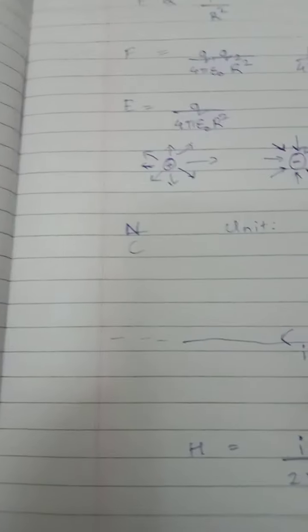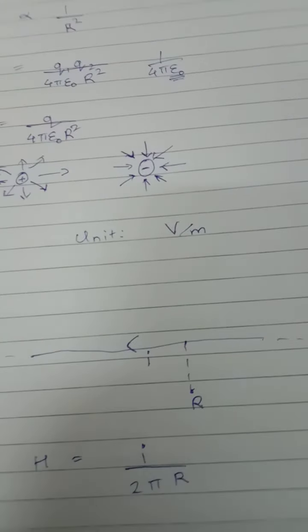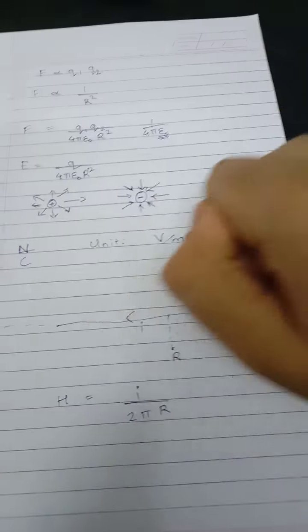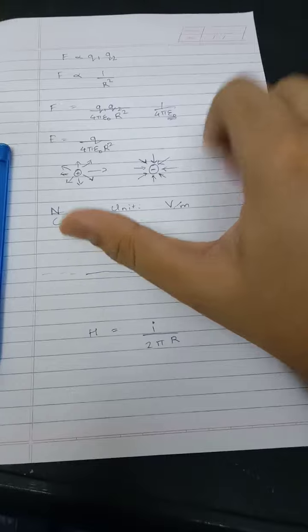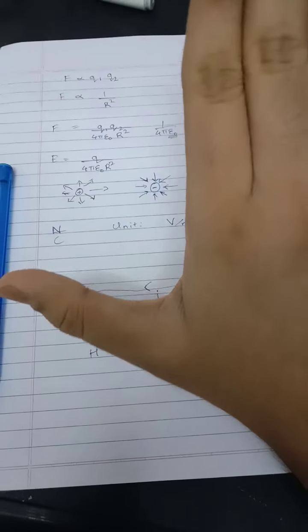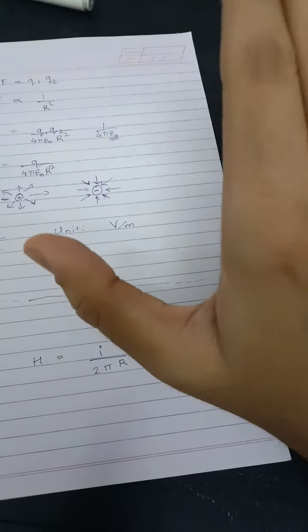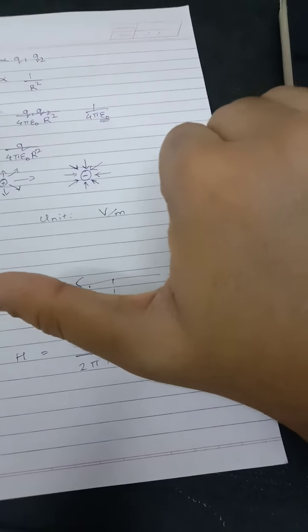I'm pretty sure you all are familiar with the right hand thumb rule, which gives you the direction of the magnetic field. Basically, you point your thumb in the direction of the current, and then curl your fingers. Whatever direction your fingers curl, that is the direction of the magnetic field.